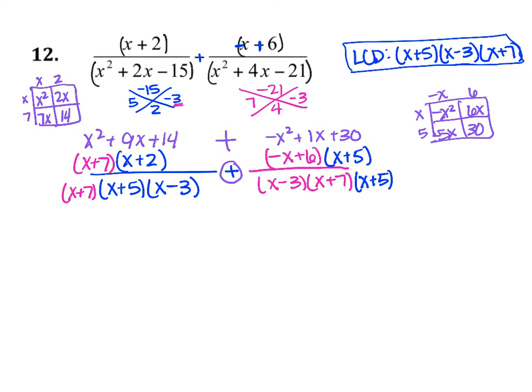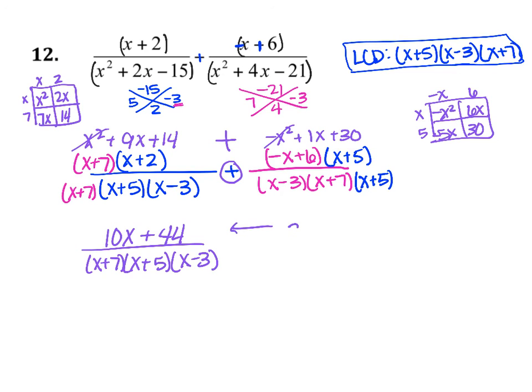So if I add those together now, x squared plus negative x squared cancel each other out. 9x plus 1x is 10x, and 14 plus 30 is 44, all over x plus 7, x plus 5, x minus 3. Can I keep going? Well, I can take out a 2 and get 5x plus 22. Does that help me cancel anything out in the denominator? No, so I might as well leave it like this.